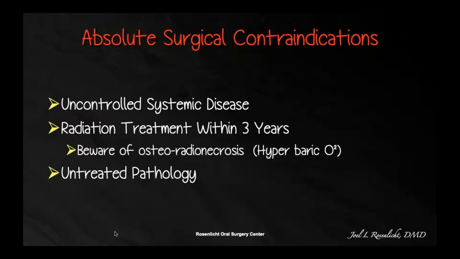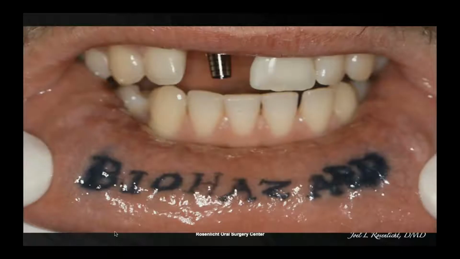Maybe these patients should be treated with hyperbaric oxygen pre-surgically and post-surgically to minimize the risk of osteoradionecrosis. And if a patient has untreated pathology in the area where we're doing surgery, that needs to be dealt with first, and it would be a contraindication to doing our planned surgical procedure.